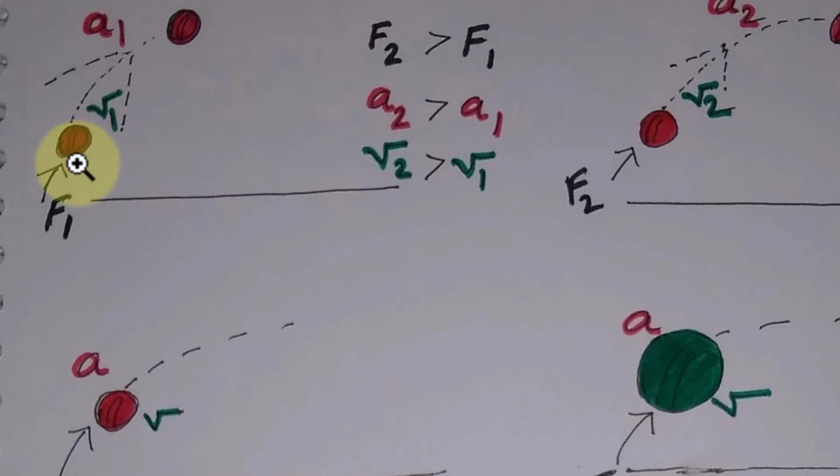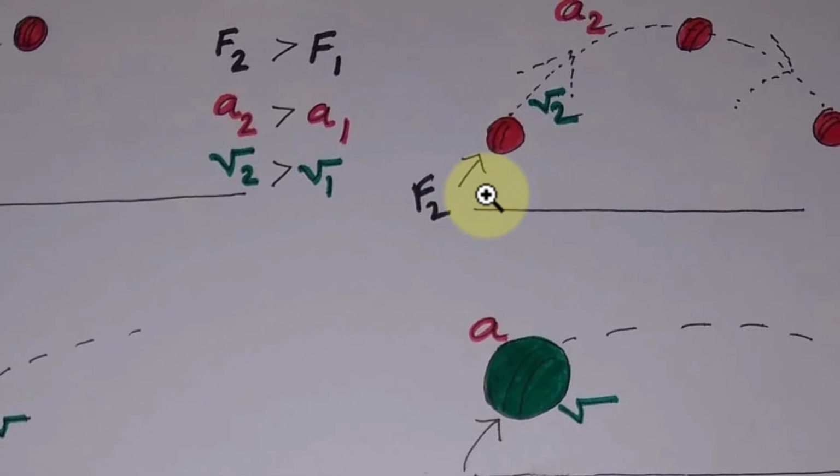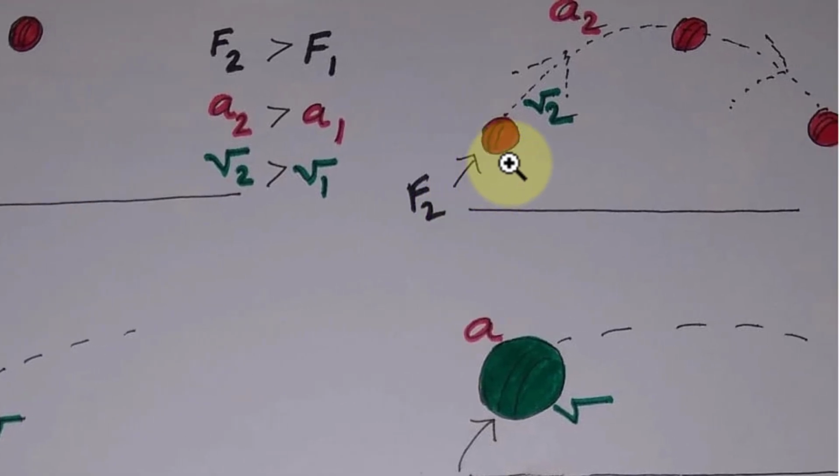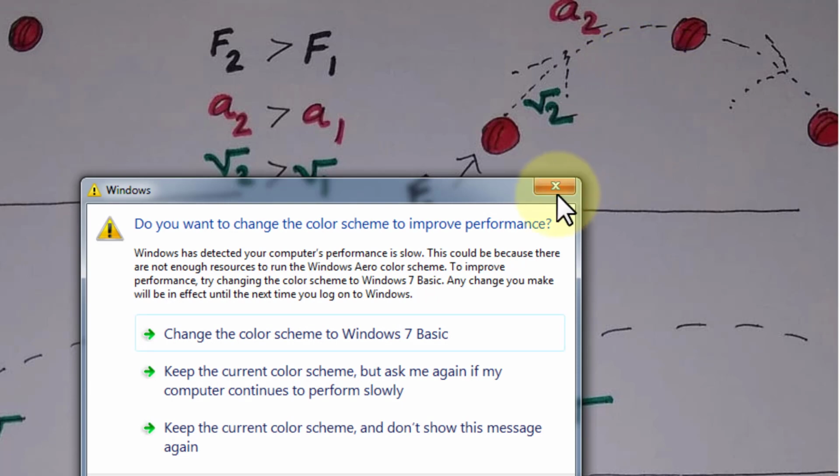When you applied F1 force, it moved this much path with velocity v1. Next, suppose you apply F2 force. It moves with velocity v2 and produces acceleration a2.